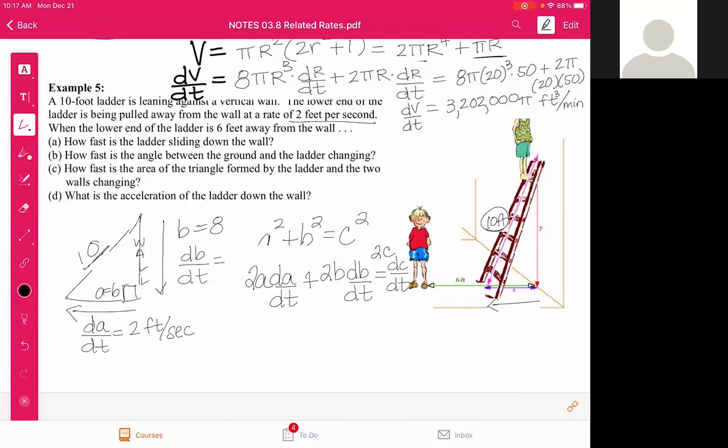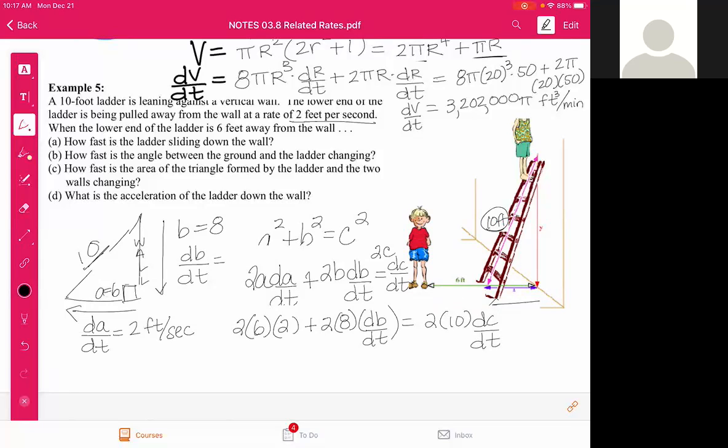Okay, plug in everything that you know. I know A is 6, so 2 times 6. I know dA/dt is 2, so times 2, plus 2 times B, which is 8. We figured that out. dB/dt, I don't know what that is. That's what I'm looking for, so we'll leave that. Equals 2 times C, well, C is our hypotenuse, so that's 10, times dC/dt.